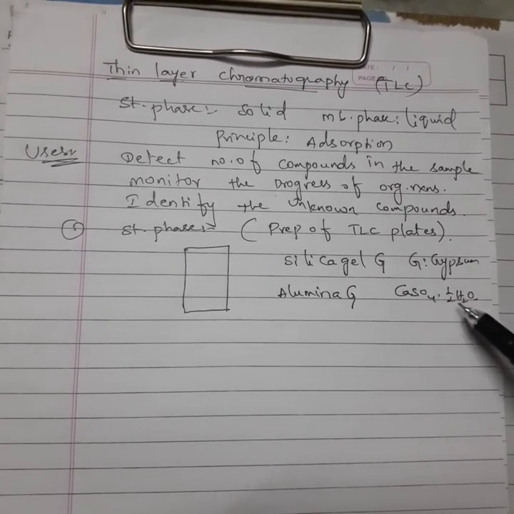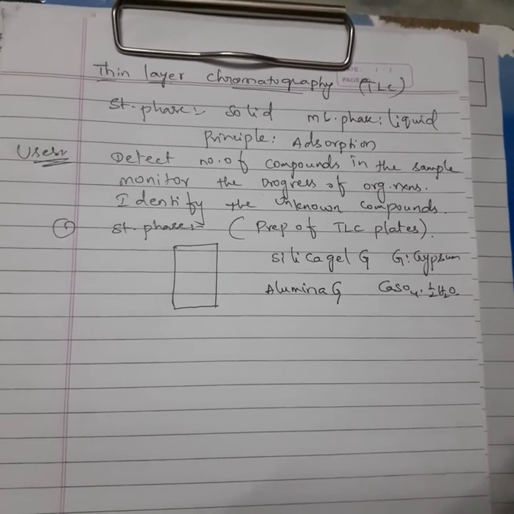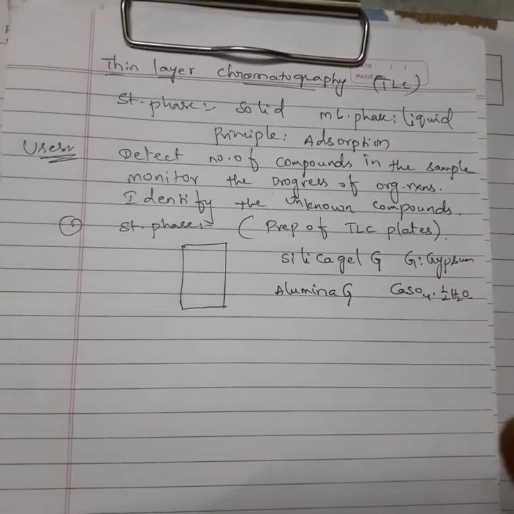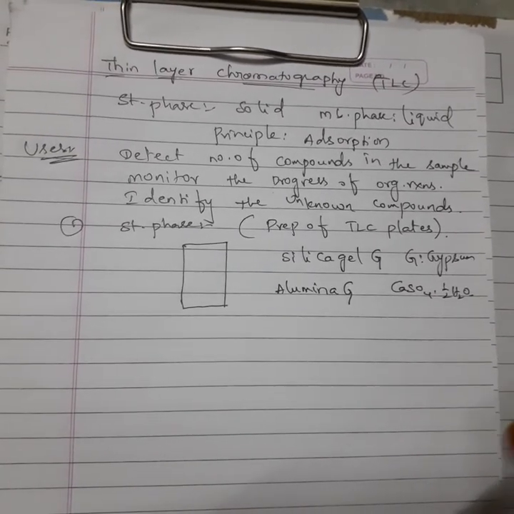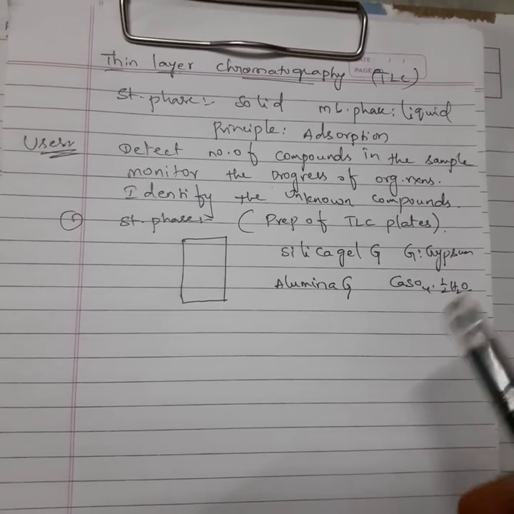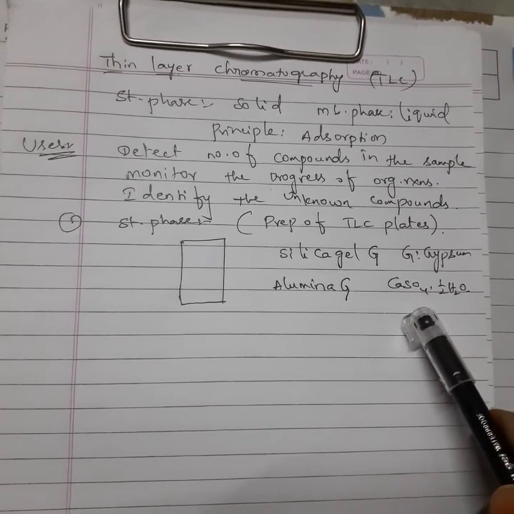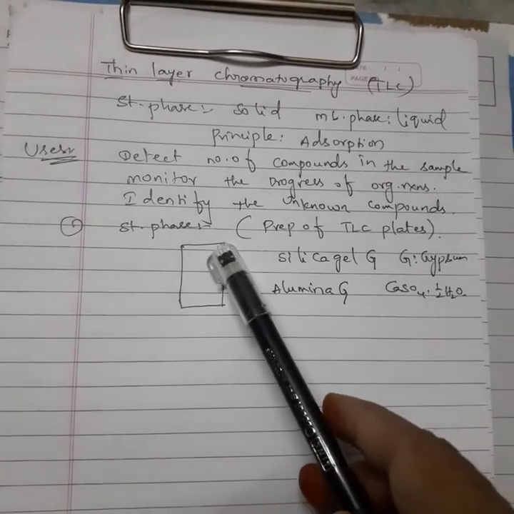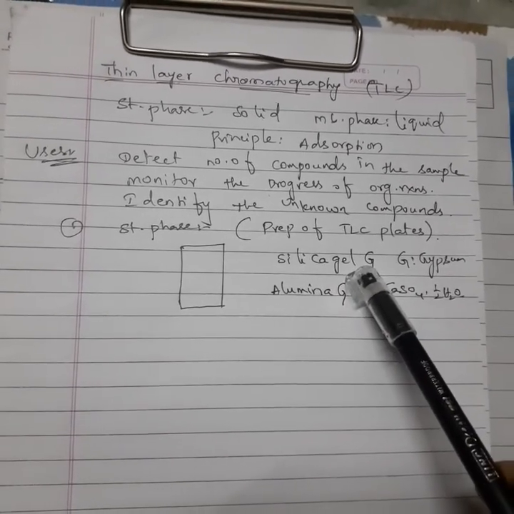That part we already covered in our previous video on column chromatography. Take some silica gel G powder, add some water and make it into a semi-liquid paste. When you add water, CaSO4 half H2O becomes CaSO4 2H2O, which increases the binding capacity on this slide. So that's why we need to take silica gel G.